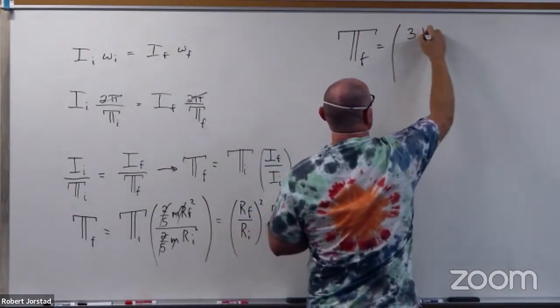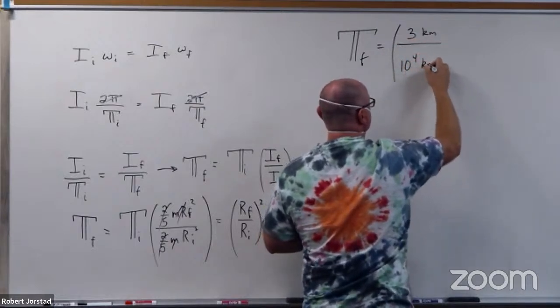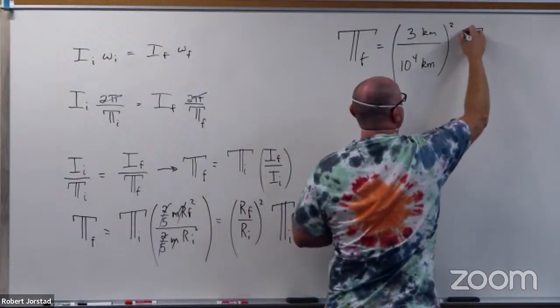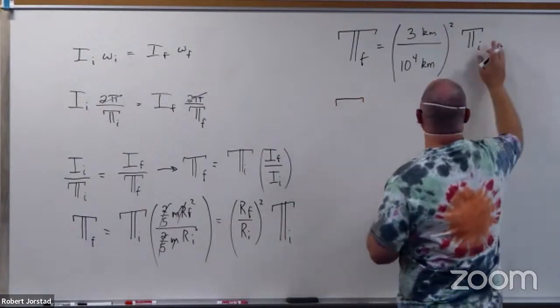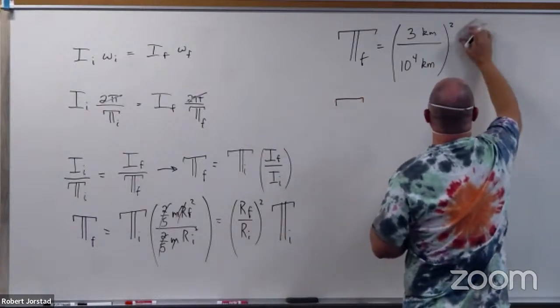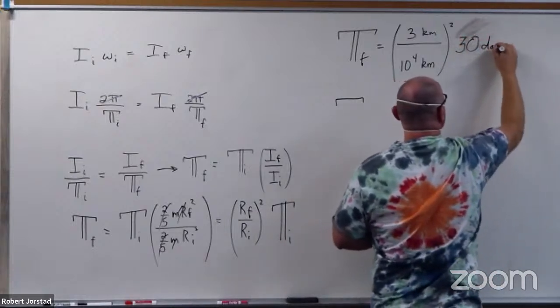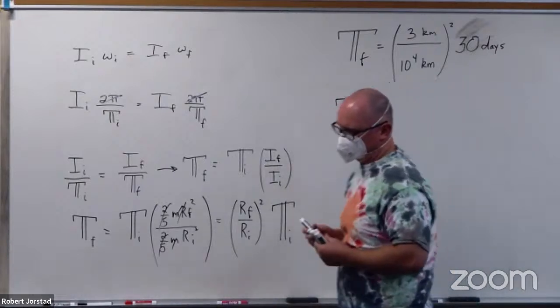Radius final was 3 kilometers. Radius initial was 10 to the 4th kilometers. We got to square that. Oh, and T initial was what? 30 days? So let's get this new period. It's actually kind of funny.